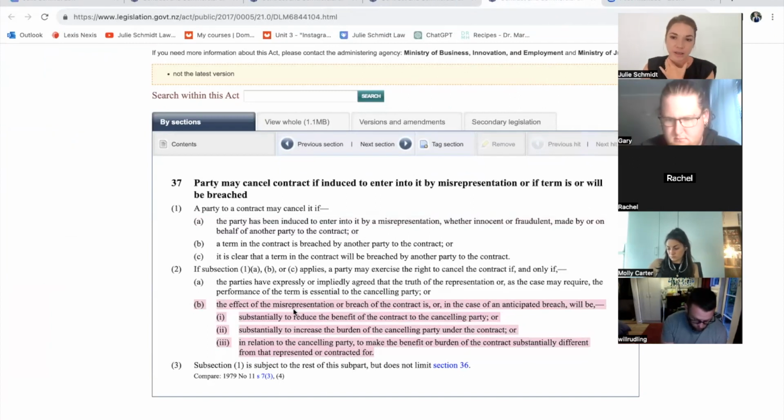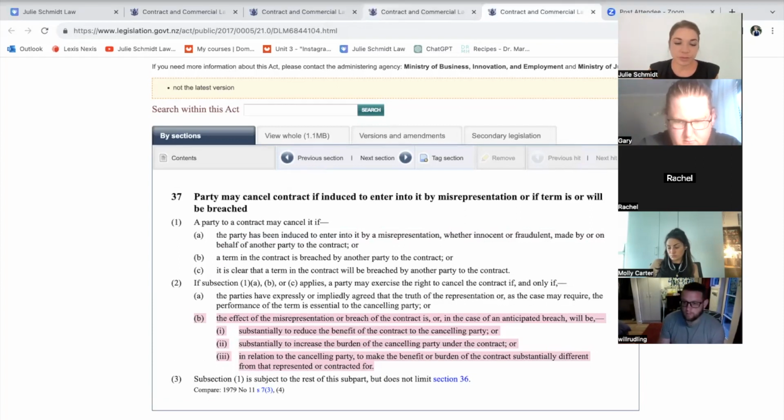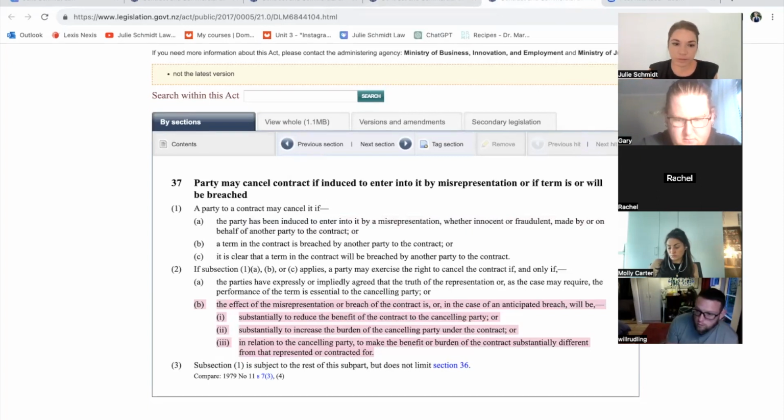In order to cancel a contract for misrepresentation, the breach has to have been substantial. What about 2A, where it needs to be essential? The parties have expressly or impliedly agreed that the truth of their representation. I would have thought that the property not needing to have anything spent on it was pretty essential to Valerie.